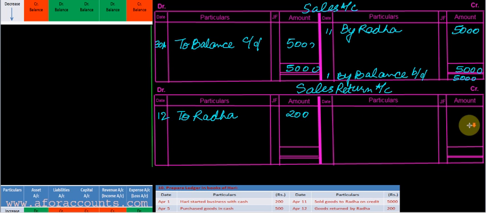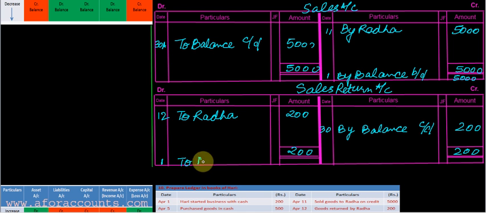Sales return 200 here. So on 30th April, by balance carried down 200. Keep the total 200, and since the balance is here, on the first you have to write it on the opposite side, to balance brought down 200.